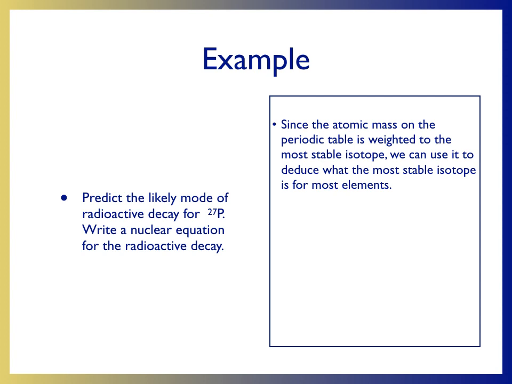Therefore, for most elements in the periodic table, we can use the atomic mass to predict what the most stable isotope is. If we look at phosphorus on the periodic table, we see that the atomic mass is pretty close to 31. Therefore, we can conclude that phosphorus-31 is the most stable isotope of phosphorus.